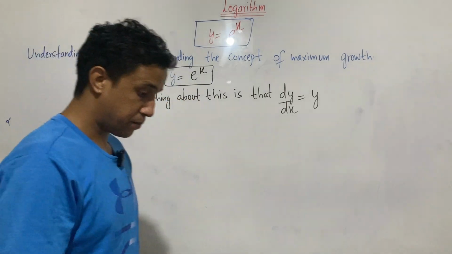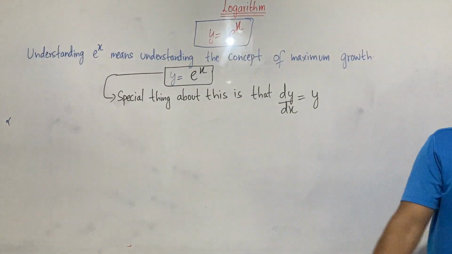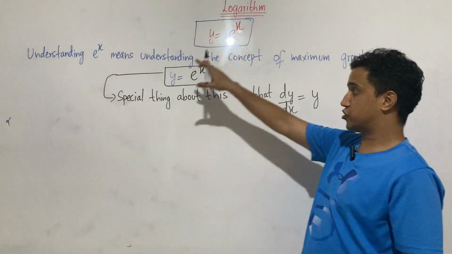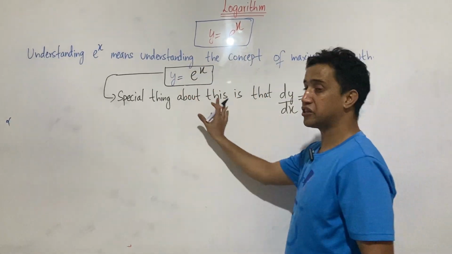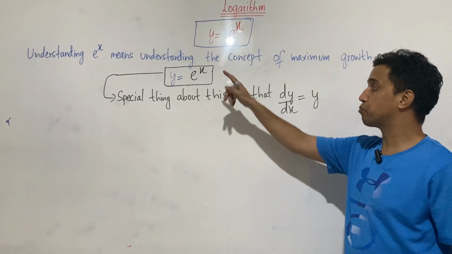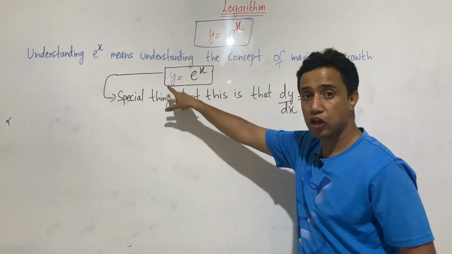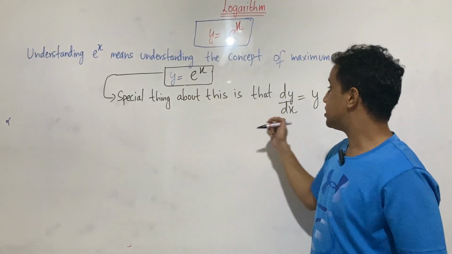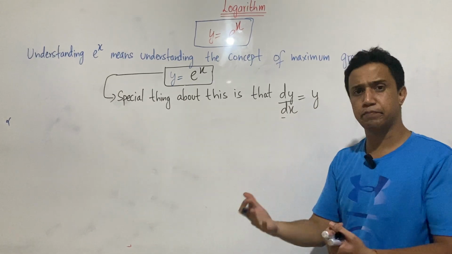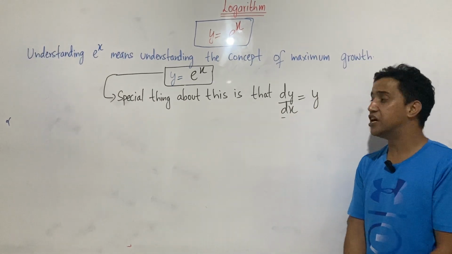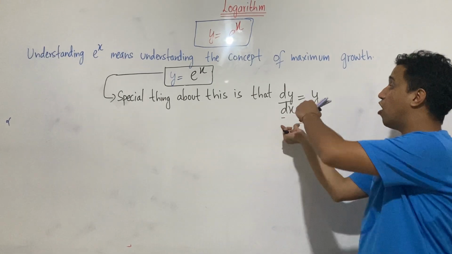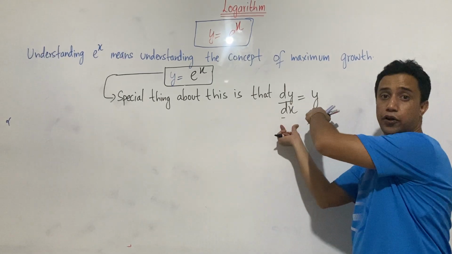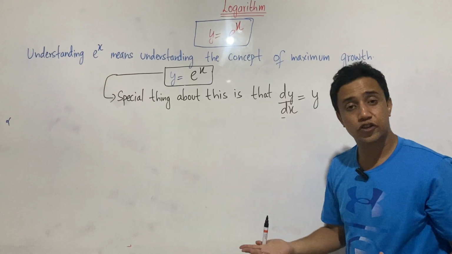What does it mean? I have this function y equals e to the x. The special thing about it is that if you take the slope of this function, dy by dx, the slope is the same as the function.